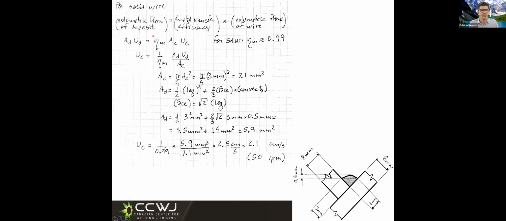And here we have the efficiency of the consumable. And in subarc welding, the consumable efficiency is fairly high because most of the spatter is caught by the slag and falls back into the weld. It's not the same in the case of flux core because the spatter flies away. It doesn't have a wall of flux to catch the spatter and come down.